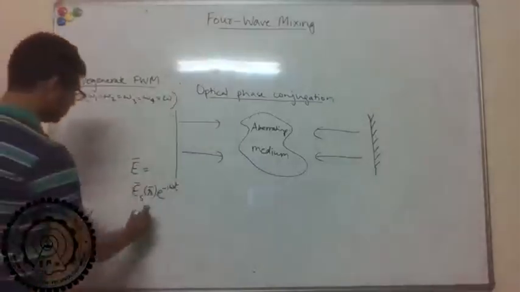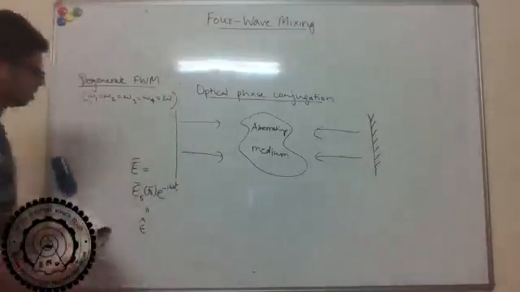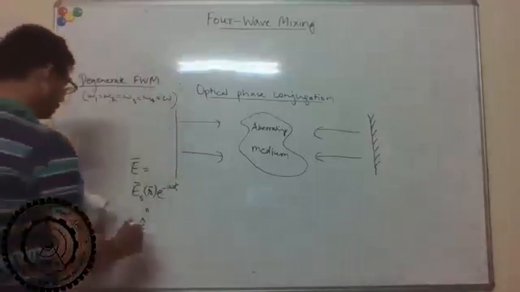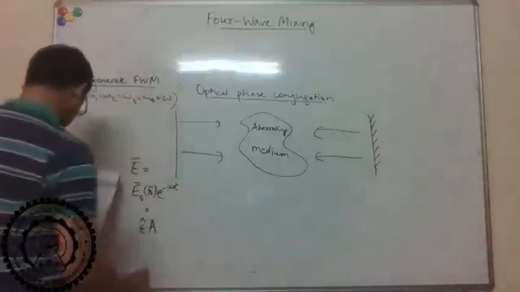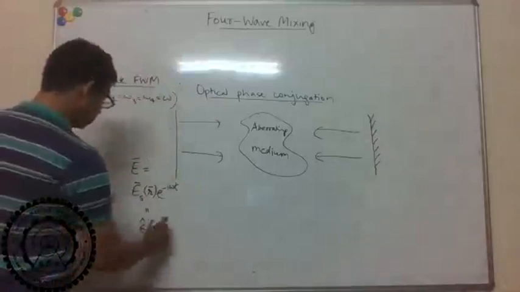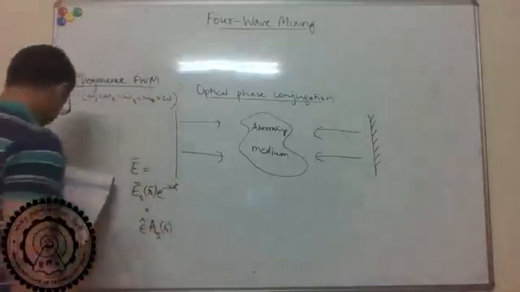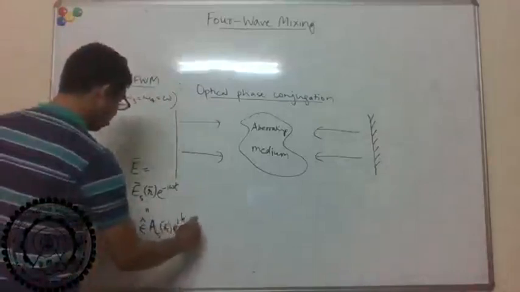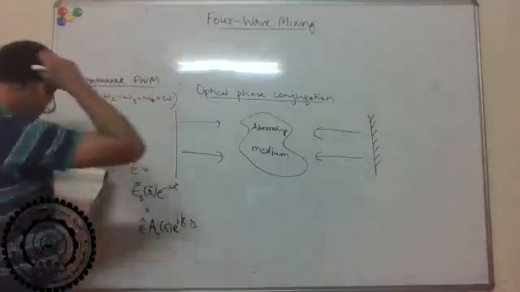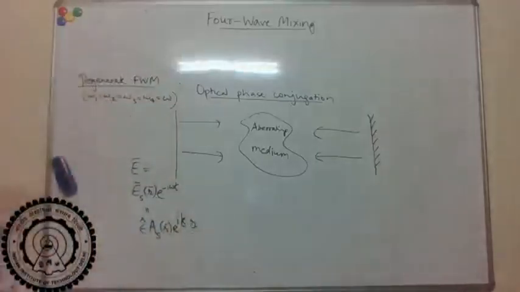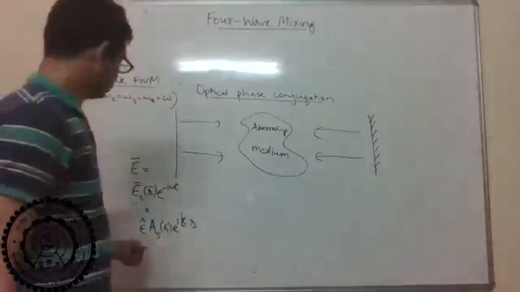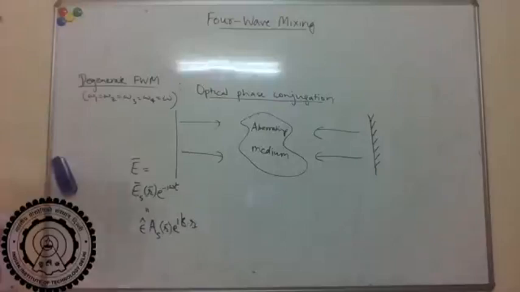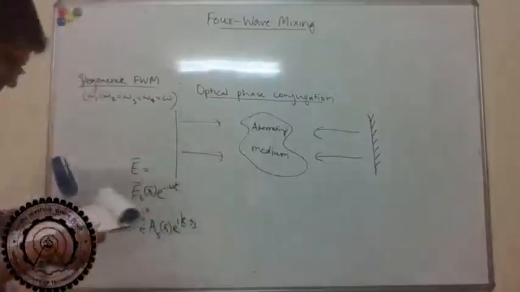Let's say this has some polarization, it could be linear, circular, elliptical, whatever, and then some amplitude profile, and some phase profile. Right, so that's my input wave.